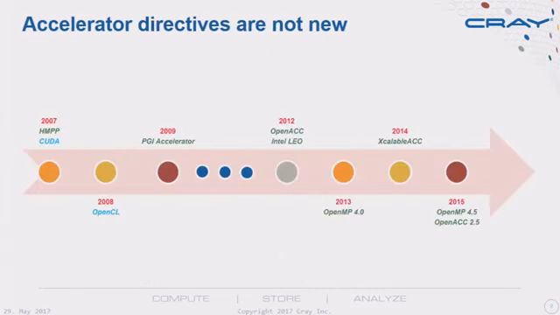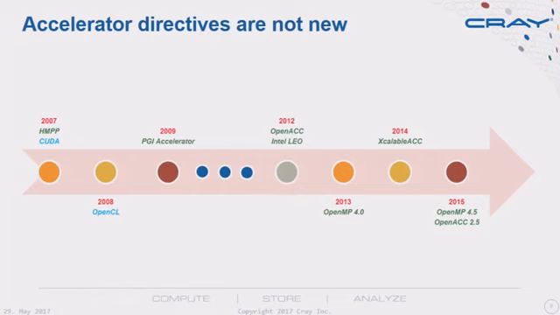To give you a short overview about the accelerator directives, they are more or less as old as the low-level implementations. In 2007 the first CUDA version was released, but also HMPP, which is also a high-level directive model, was released in 2008. OpenCL was released too.